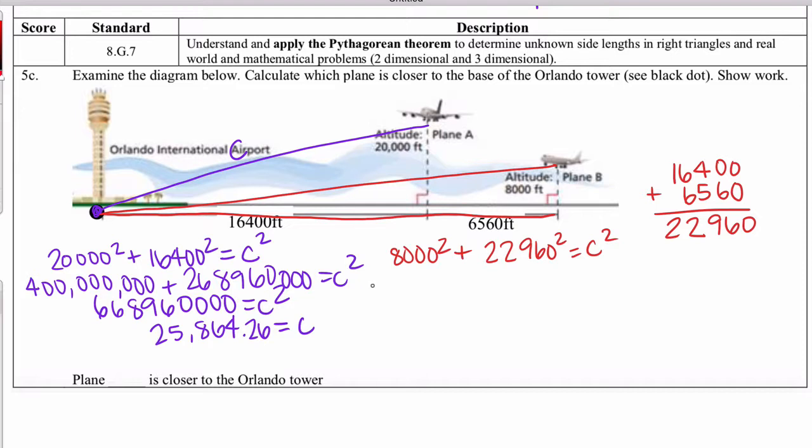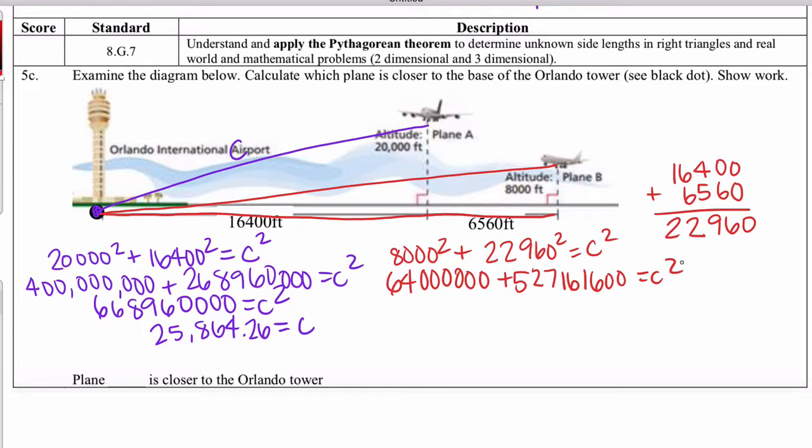So 8,000 squared is 64 million. 22,960 squared in my calculator is 527,161,600.